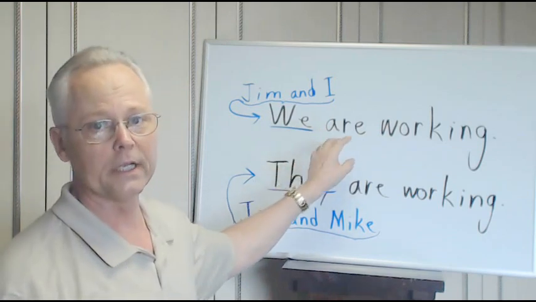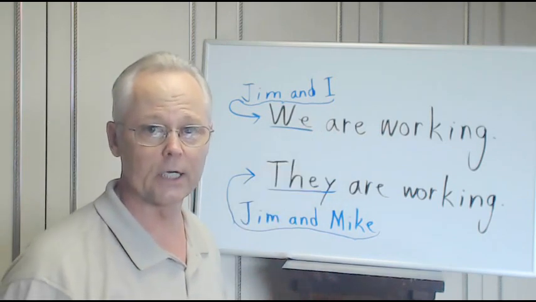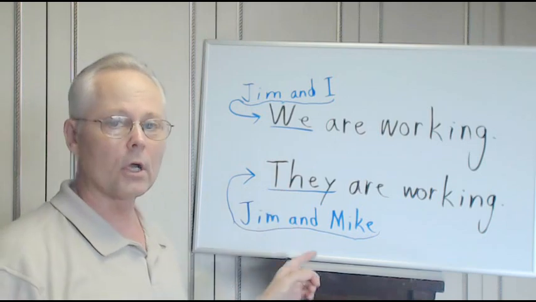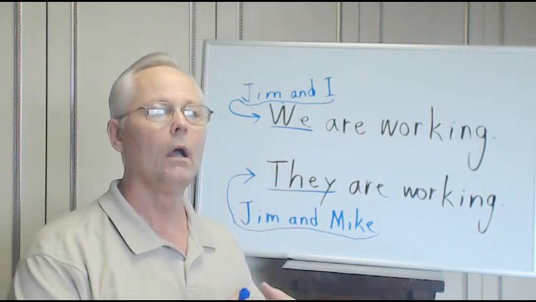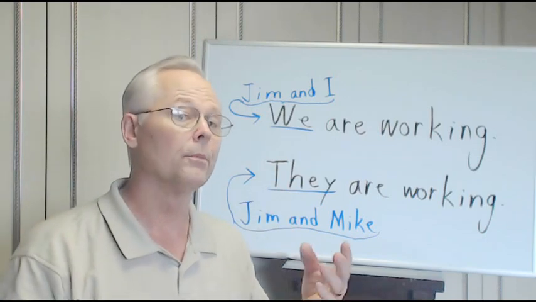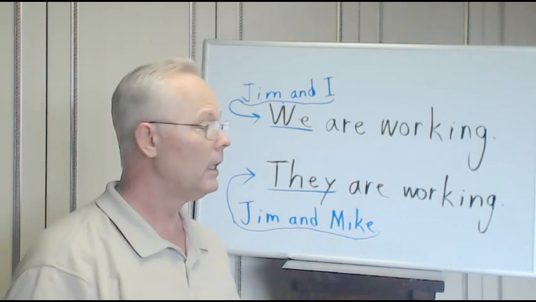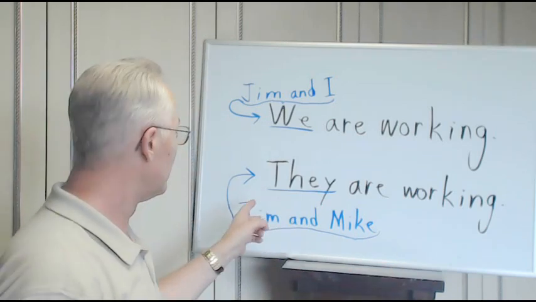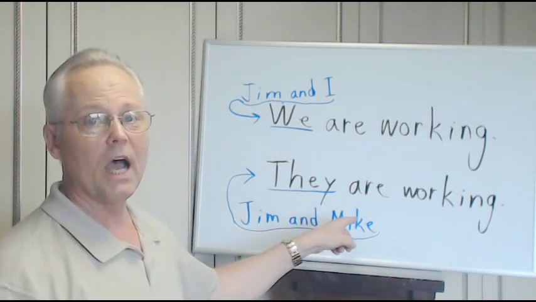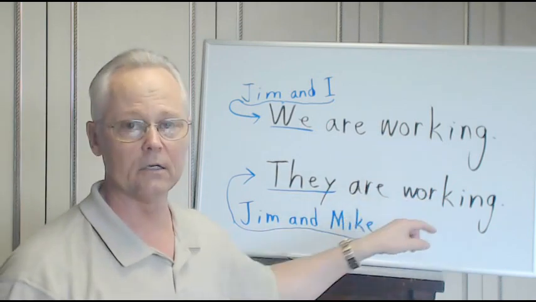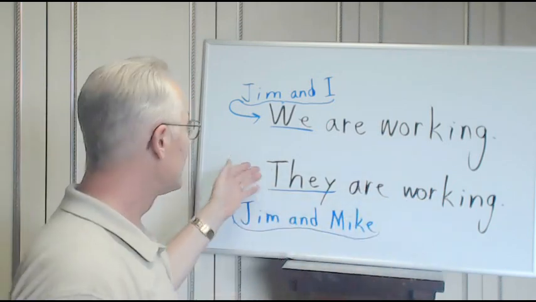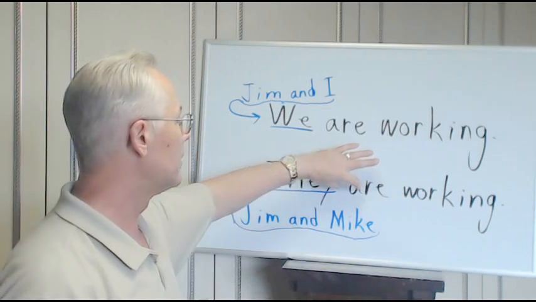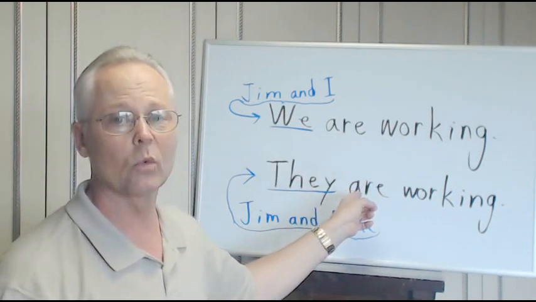Or we're working. I could make a contraction there as well. If I'm talking about some people other than myself, I could say, Jim and Mike are working. Or they are working. I could say they're working.